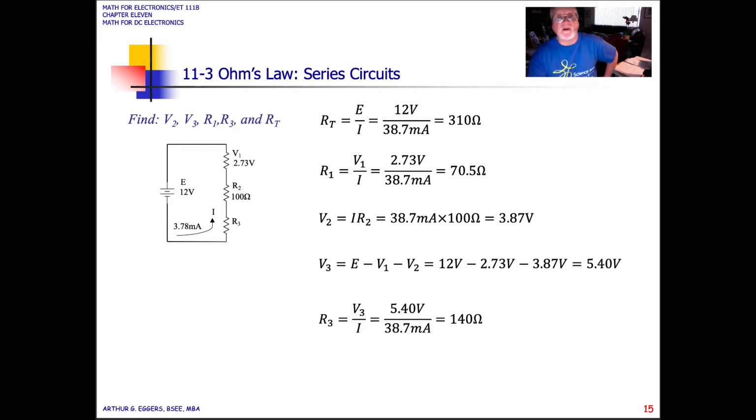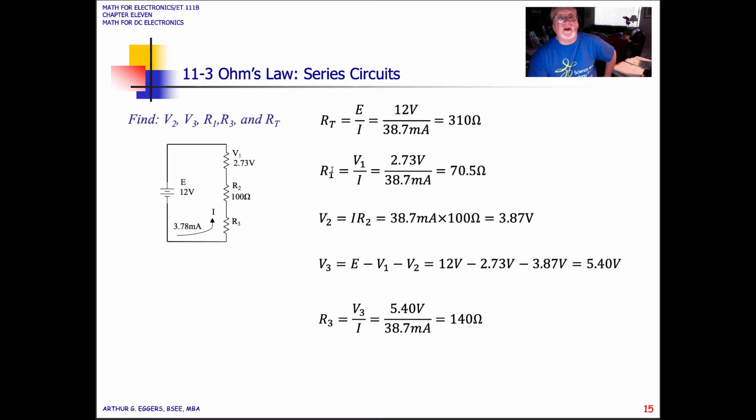So if we start with the total resistance, we can say the total resistance is equal to the total applied voltage over the total current in the circuit. Well, the total voltage and the total current in the circuit were given to us, 12 volts and 38.7 milliamps. So we solve for the expression R total, and we get 310 ohms as the sum of those three resistors, R1, 2, and 3.